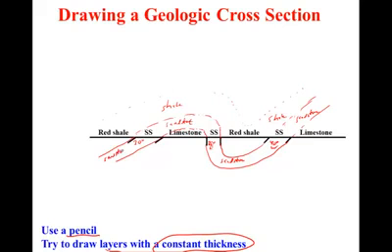As we draw a cross-section, we'll want to keep our rock layers labeled so we can remember what we're looking at. And then what is our limestone doing? It must be doing something like this.